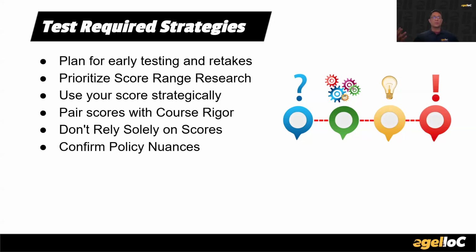What you want to do as well, and this is what we always say, is pair your scores with course rigor. So if you have a high SAT or ACT score, along with strong grades in rigorous courses like AP and IB classes, that is a secret sauce right there. That's the great combination because it supports one another that you are a strong academic student.